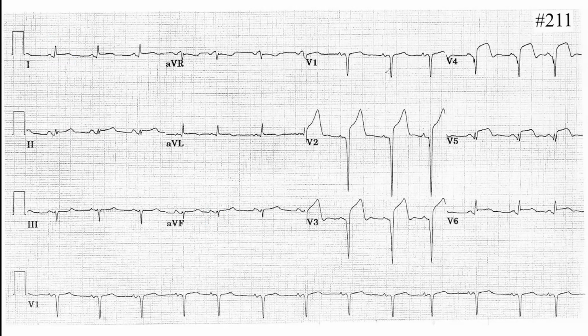Next, the pathological Q wave. Pathological Q waves in the chest leads V1, V2, V3, V4, and also there is ST elevation. In V5 we have only ST elevation, and in V6 it's about 1 millimeter.